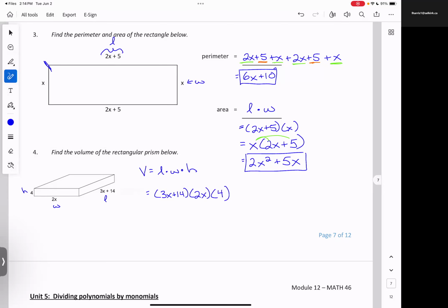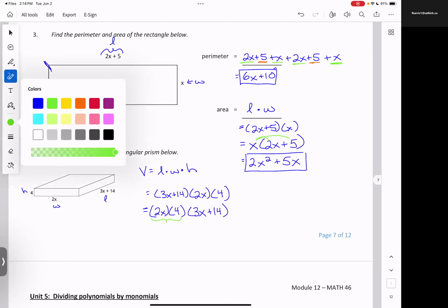And so what I would do here is I'm going to reorder them to put my two-term polynomial at the end. So I've got 2x times 4. Remember, we can always reorder these because we're multiplying. So I'm just reordering those. And then I would probably start by multiplying these two monomials together to get 8x.